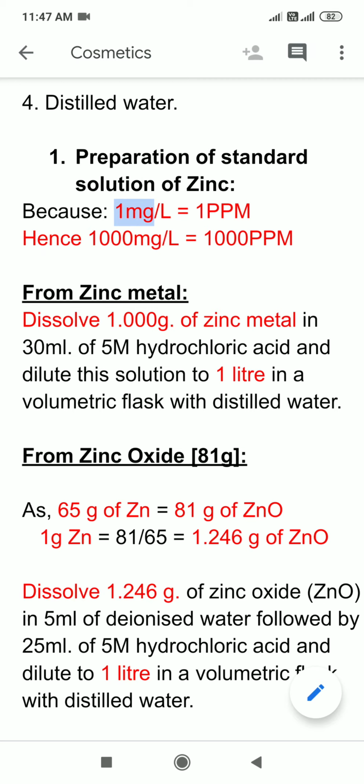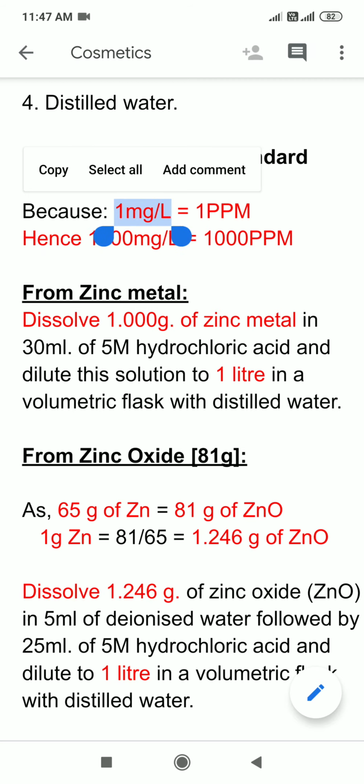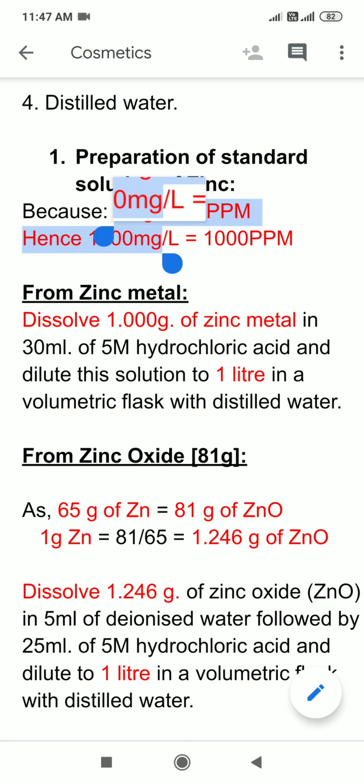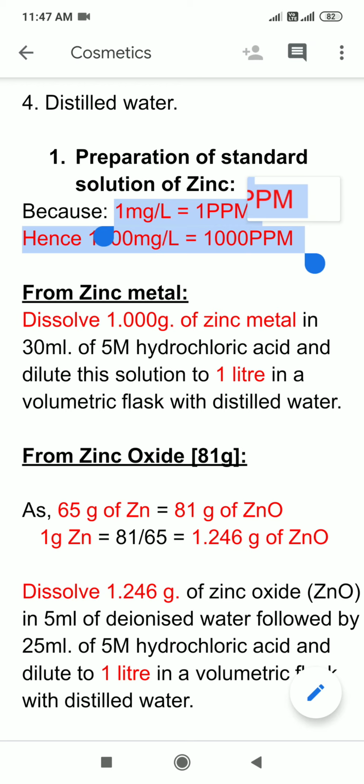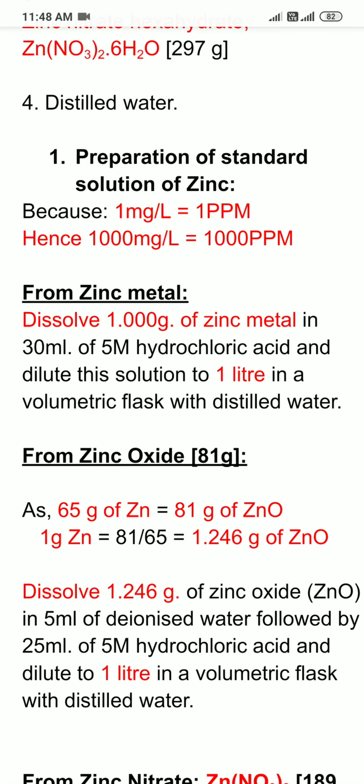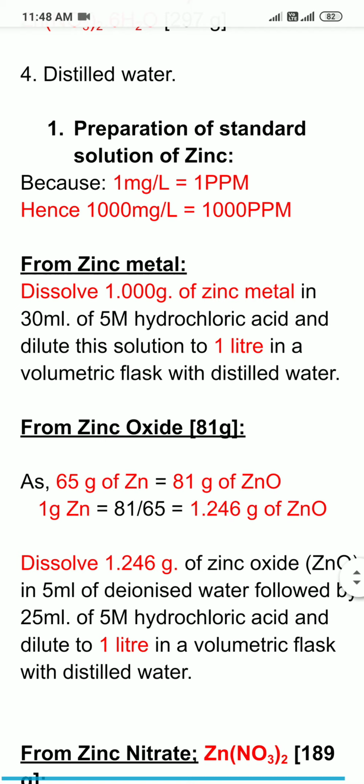if we use 1 milligram of a solute in 1 liter, say 1000 ml, then its concentration is equal to 1 ppm. And if I use 1000 milligrams per liter, then its concentration would be equal to 1000 ppm. So now we need to prepare a 1000 ppm solution of zinc, meaning the solution in which the concentration of zinc is 1000 ppm.